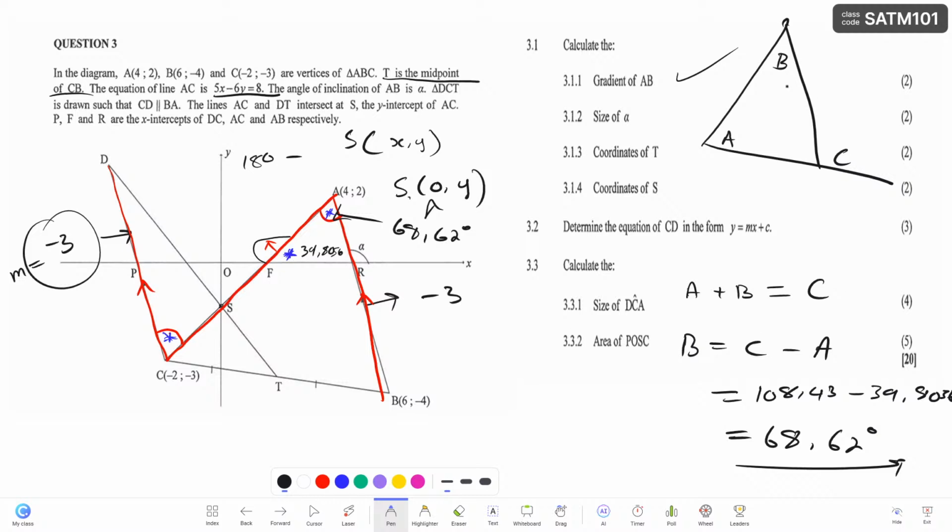So remember, the one that I was explaining, that angle A plus B is equal to C, reason: exterior angle of a triangle. So since we have our C and A, we can find our B by making B the subject of the formula, and that's where you are going to get your FAR.